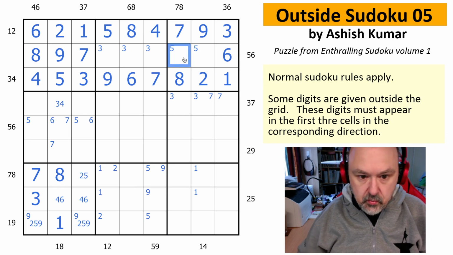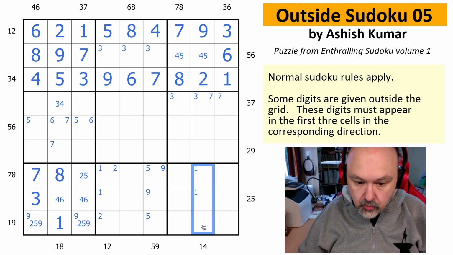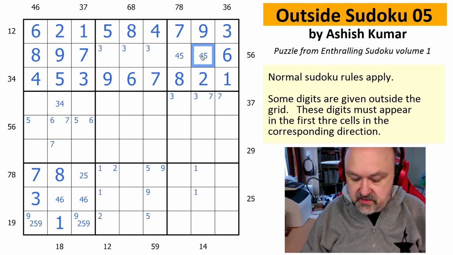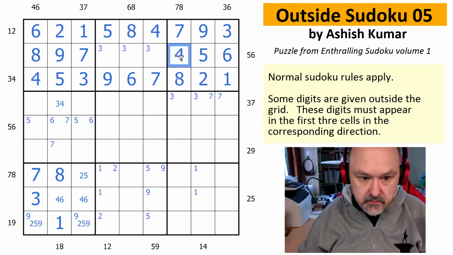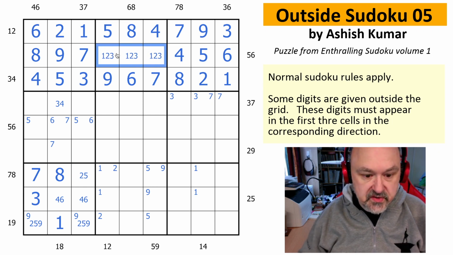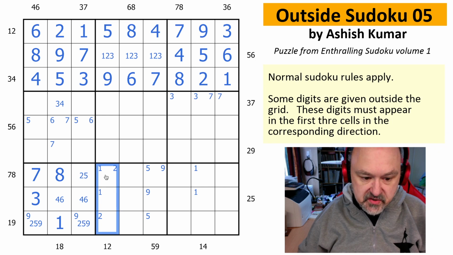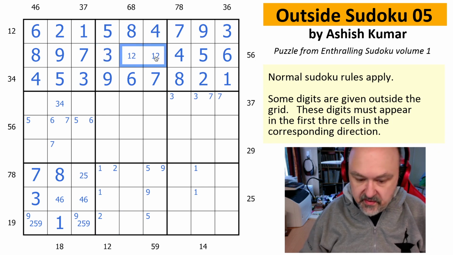So this is not a 1, but what we have left here is 4 and 5. 4 also has to be down here, so this becomes the 5 and this becomes the 4. This is now a known triple, which is a 1, 2, 3, except we have 1 and 2 that must be down here. So this becomes the 3 and this is a 1, 2.